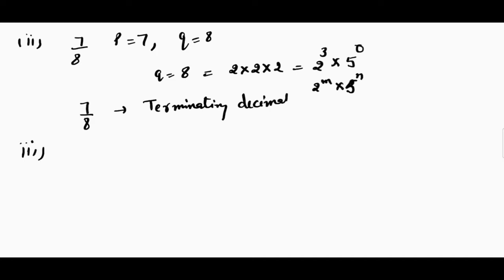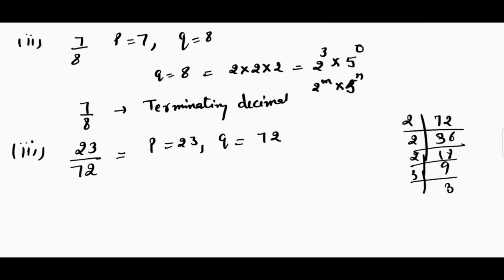So last question here we have 23 divided by 72. Here P is 23 and Q is equal to 72. Their common factor is only 1. So first condition is satisfied. Second condition we have to find the factors of 72. We can write this 72 as 2 into 2 into 2 into 3 into 3, means 2 raised to power 3 into 3 raised to power 2.